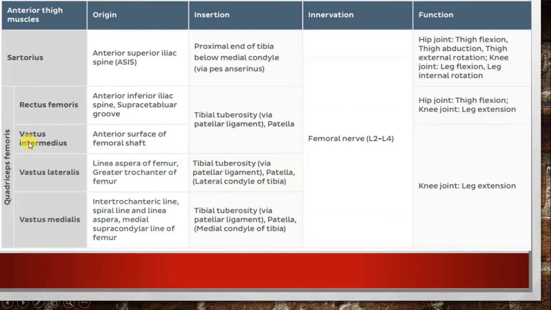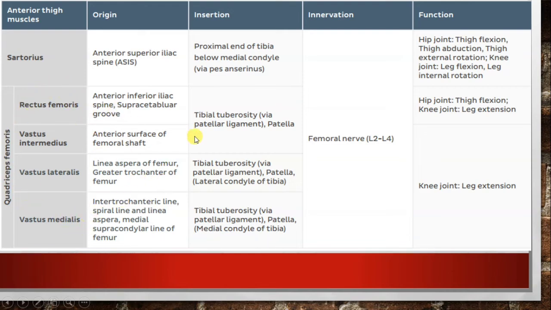Now the vastus intermedius is the deep muscle of the anterior aspect of the thigh. It arises from the anterior surface of the femoral shaft. It attaches towards the tibial tuberosity because the quadriceps femoris muscles are bundled muscles.